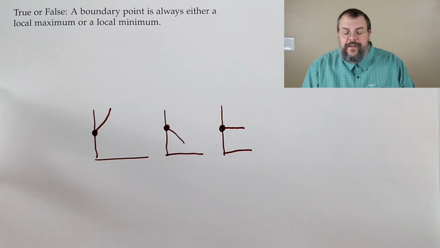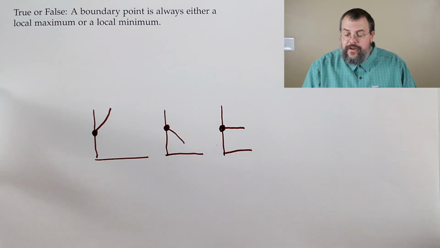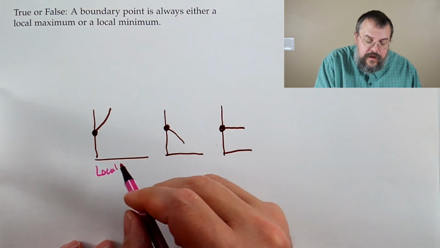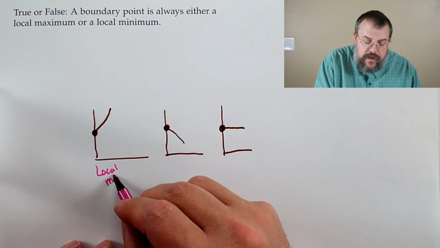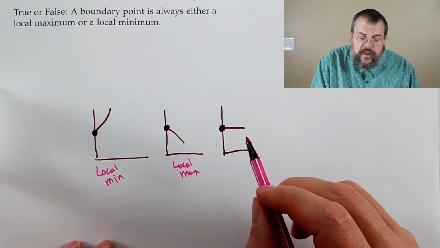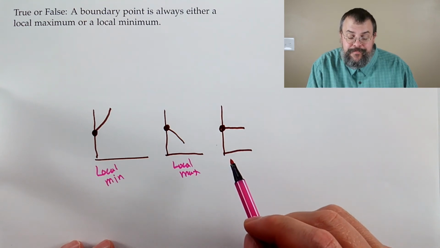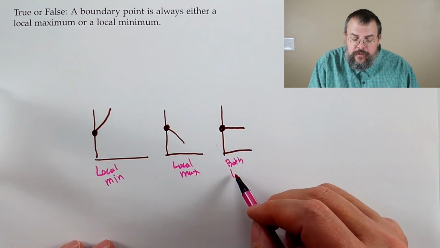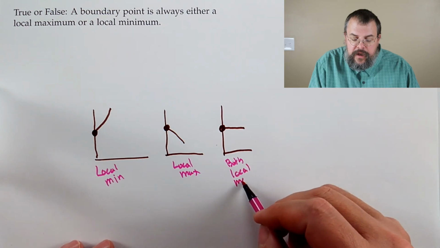See, if it goes flat, does it still work? Well, let's recap. This is a local min. This is a local max. If I'm flat, what am I? Well, I am both a local max and a local min.